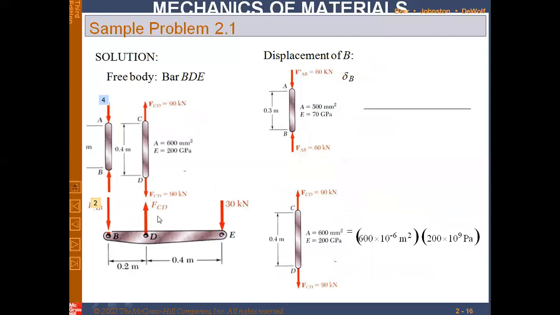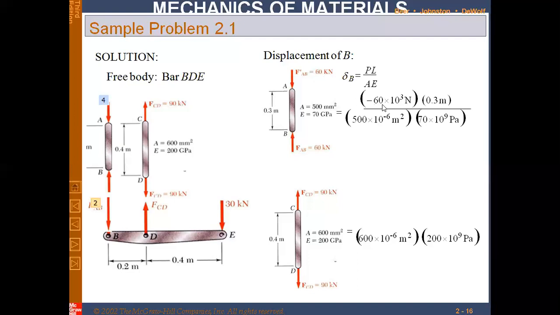Now next we have to find out the displacement of point B and displacement of point D. Displacement of point B, for that we would consider link AB. The model delta B is equal to PL by AE. We have already discussed that. We know the length, E and the cross-section area are given, and the load to which this link is subjected, we have already computed, that is 60 kilonewton.